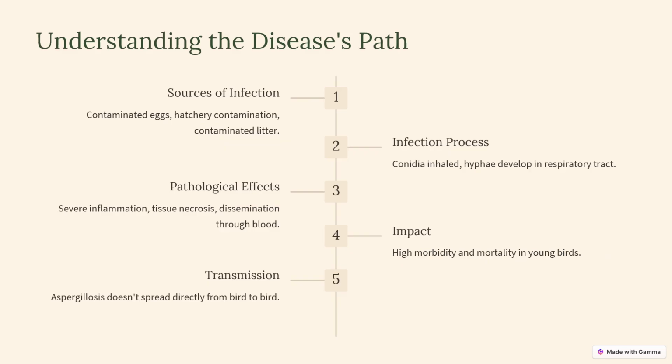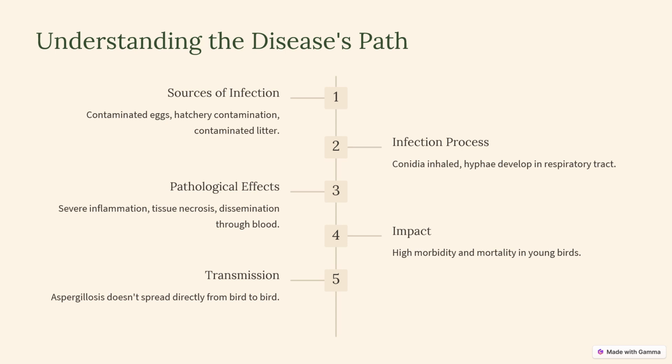Understanding the disease path is very important to control the disease. The main source of infection is contaminated eggs, and if the hatchery is contaminated with aspergillosis, and also if there is contaminated litter, these are the three main sources of infection.